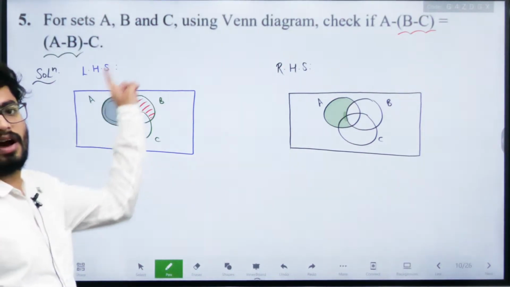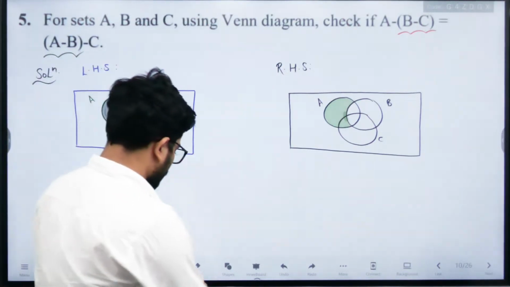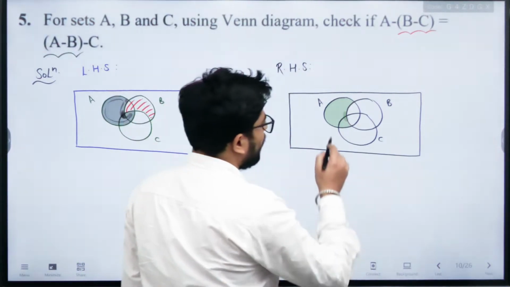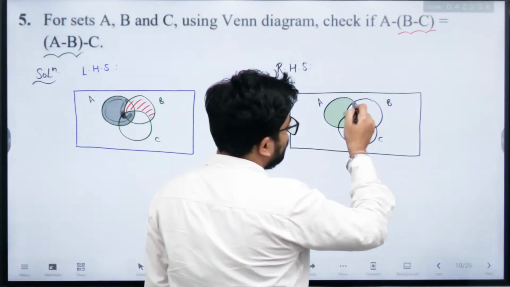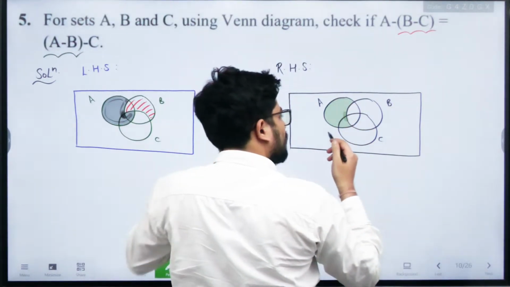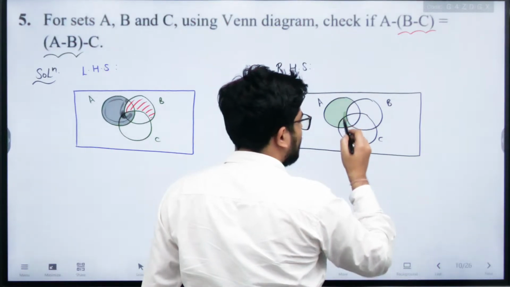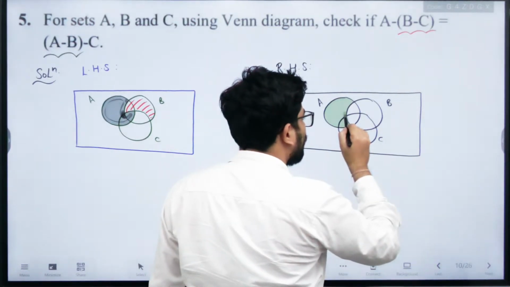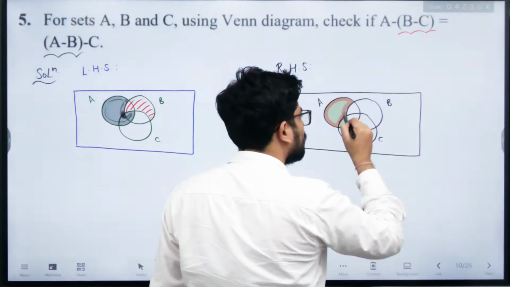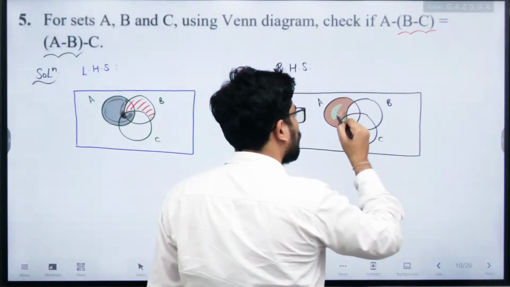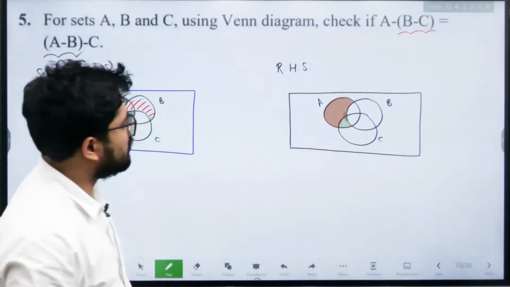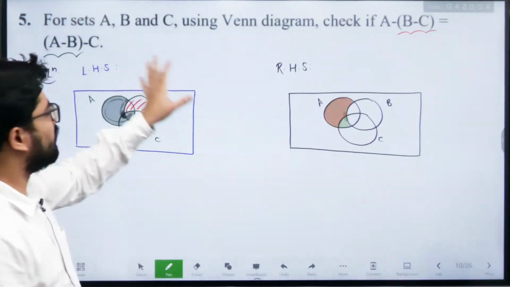Now eliminate all the elements of C. If you remove all the elements of C, you will get this thing. So the remaining portion is this one. This red portion is the required right hand side.